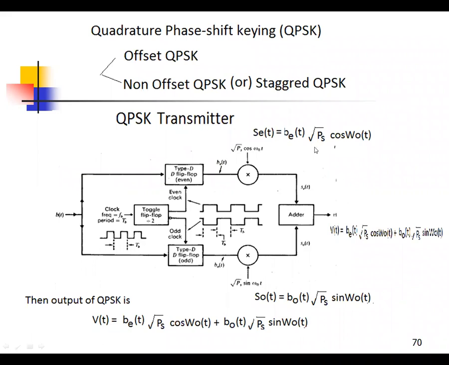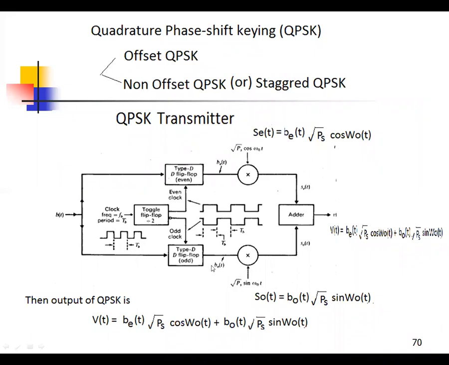You know the BPSK: how many phases are there? In BPSK, there are two phases, each 180 degrees out of phase. So this s_e(t) is one BPSK, which has two phases.